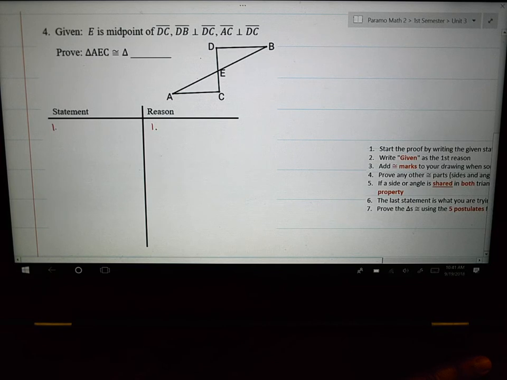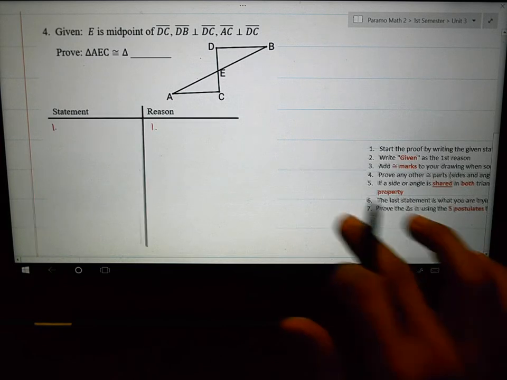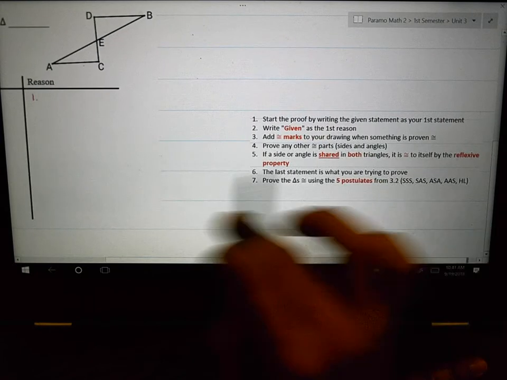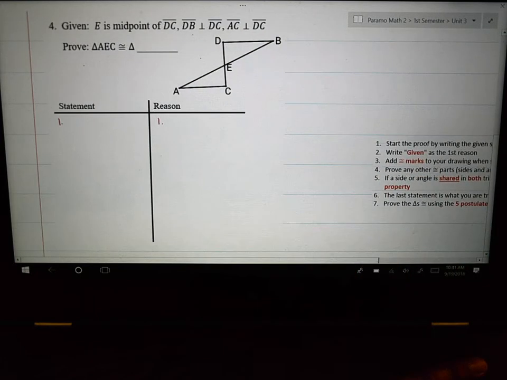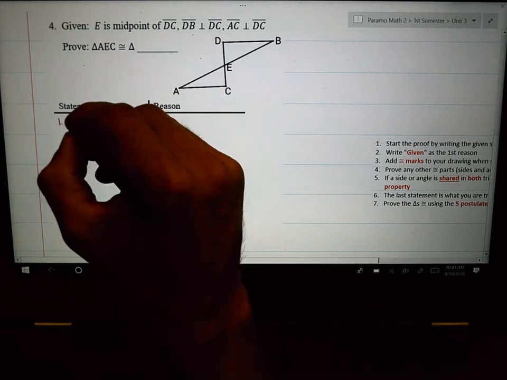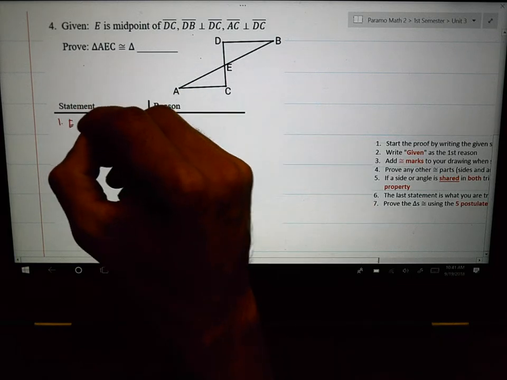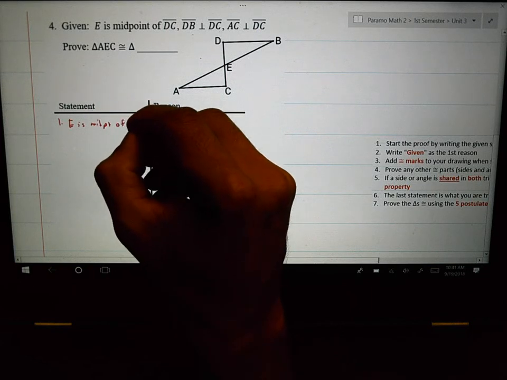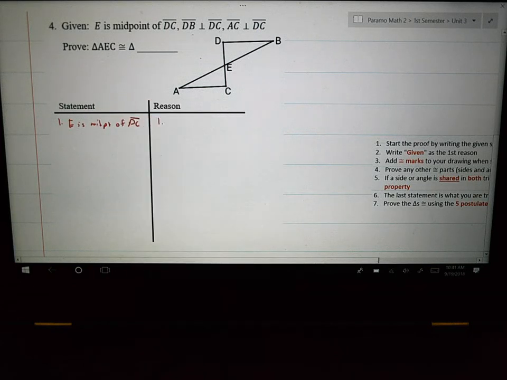I sure hope you know what your first statement is going to be. By now, we should know that our first statement is always writing the given statement. What does that mean? I follow everything after this and I write it down. E is midpoint of DC, segment DC.